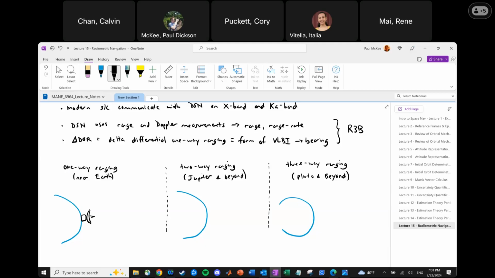Then the same diagram here, and similarly here. There we go. So if you're near the Earth, it's just a one-way discussion. Nice and simple, right? You've got your spacecraft, and you just tell it what to do.